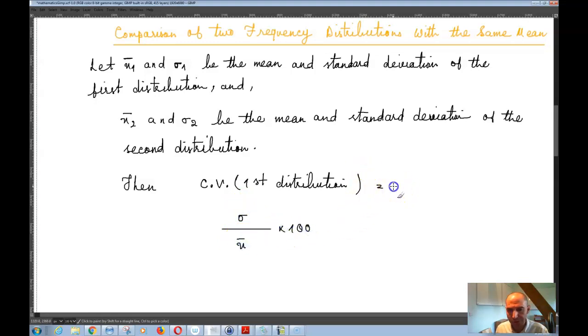So I can write over here sigma 1 over x of 1 bar times 100.